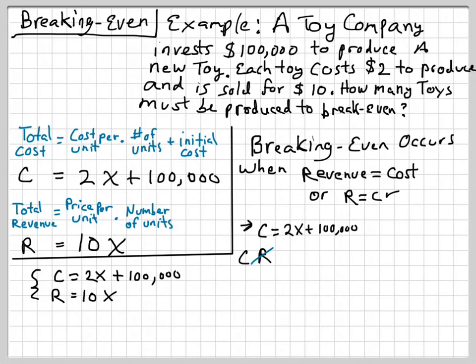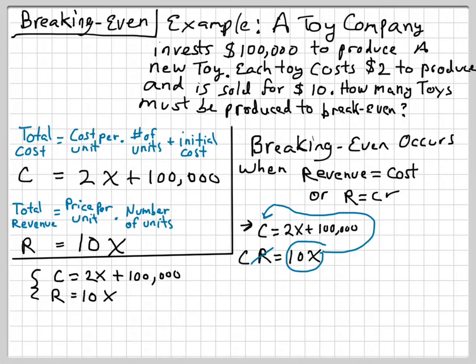So I'm going to go ahead and write both equations again. There's my cost equation, and I'm going to write the revenue equation again. But since we're finding the point where the company breaks even, and we just said that R will equal C, instead of writing R, I'm going to substitute C and write C is equal to 10x.